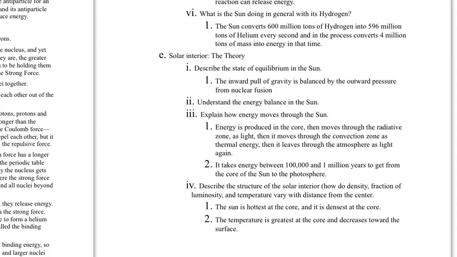And that fusion stops the contraction because there's outward pressure from all the energy coming out of the fusion process, balanced by the gravity that's crushing inward. And so the sun is kind of in an equilibrium state in which gravity and radiation and nuclear fusion pressure are kind of at a standstill.